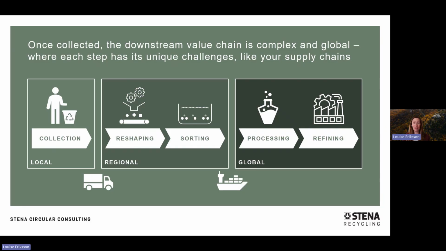Some materials are hazardous and they need to be taken care of even if they don't have a high value. And that is, of course, stated in the legislation. And in those cases, the recycler instead gets paid to collect and handle the material. And after processing, they have made the materials non-hazardous instead.